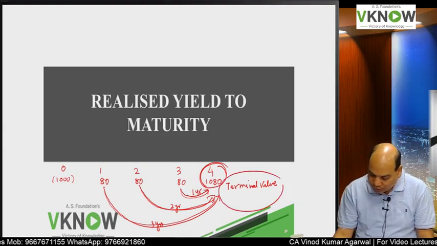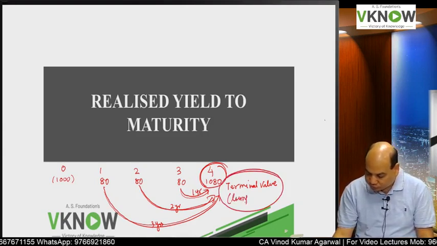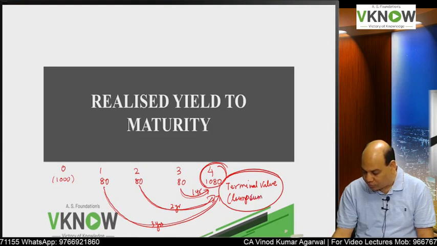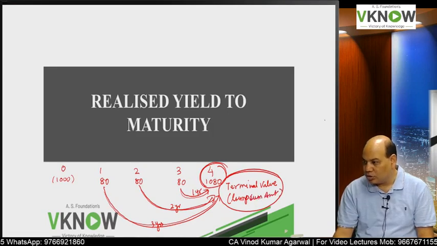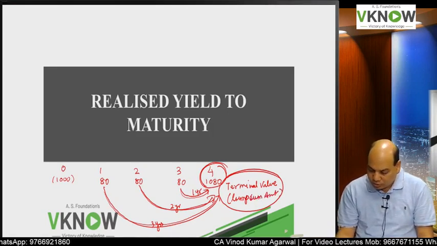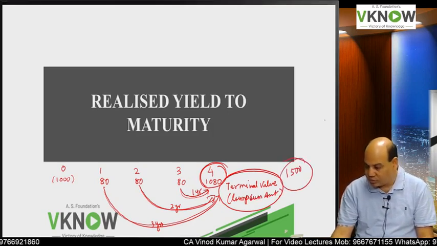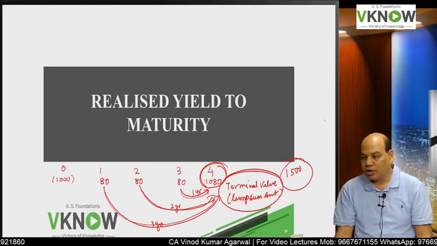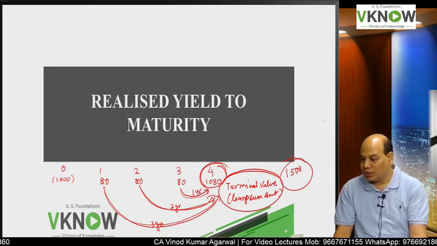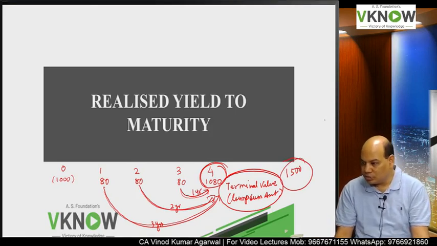So we will get a lump sum amount on maturity. Let us say, only for example, this amount comes to 1500 rupees on maturity.